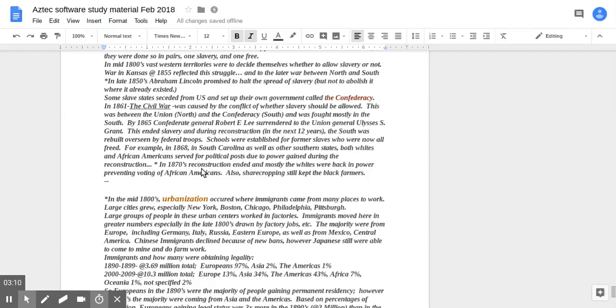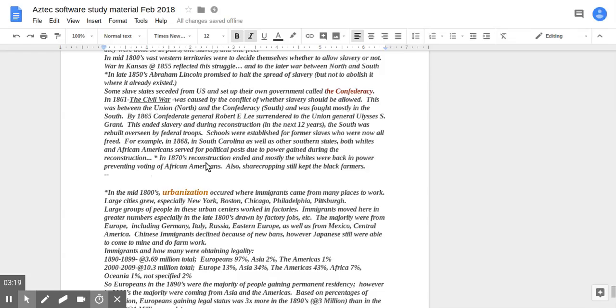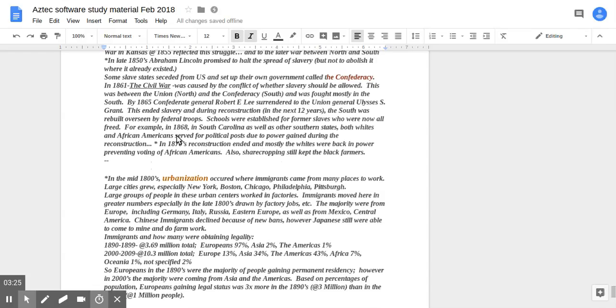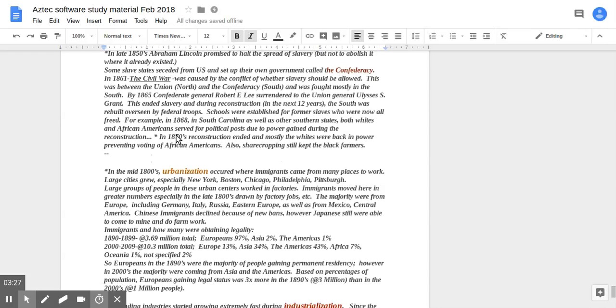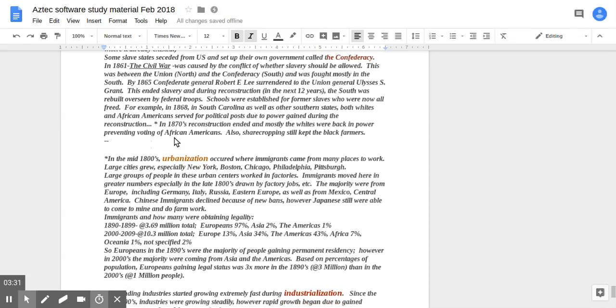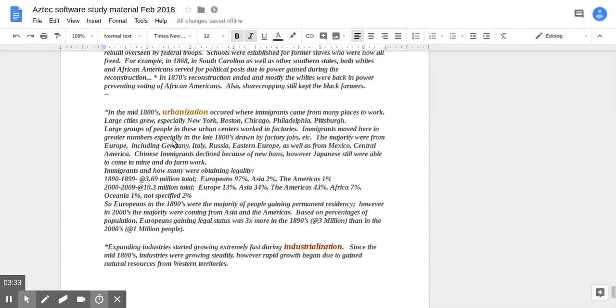In the 1870s, Reconstruction ended, and mostly the whites were back in power to a certain degree, somewhat preventing voting of African Americans still, and also sharecropping continued, and it was mostly black farmers still, or African Americans.